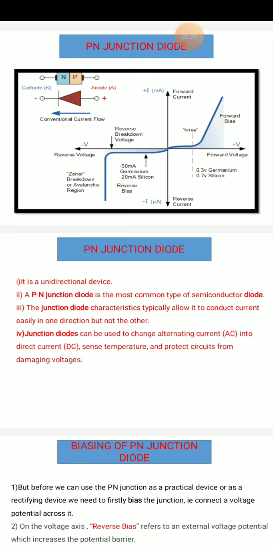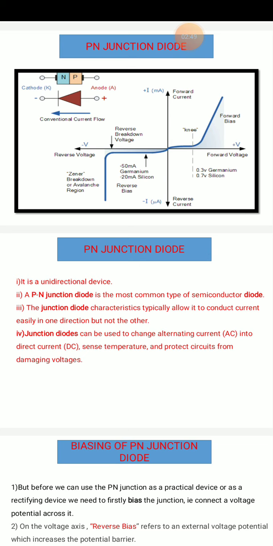We have two terminals, the anode and the cathode, along with the N and P substrates. The anode is the positive side and the cathode is the negative side, and the diode allows unidirectional current flow.